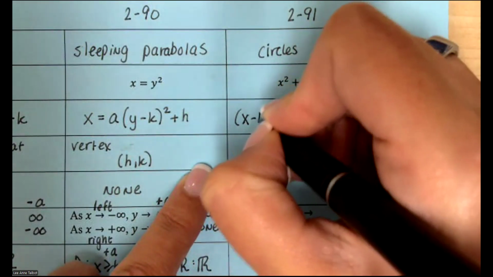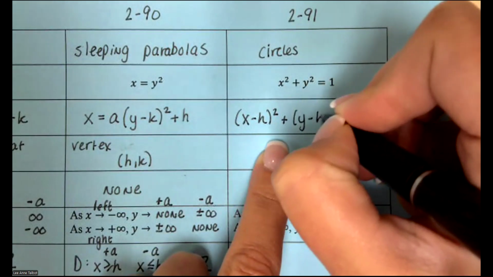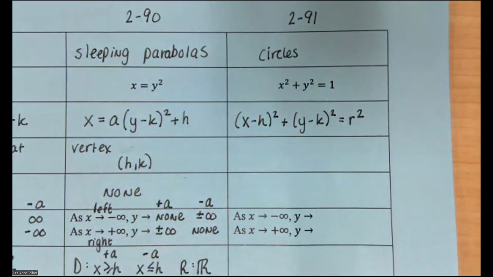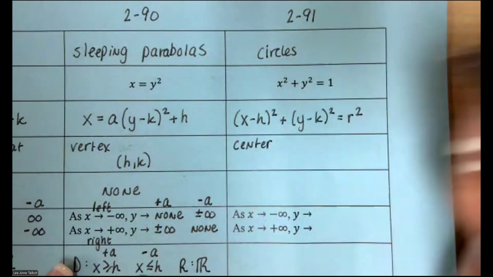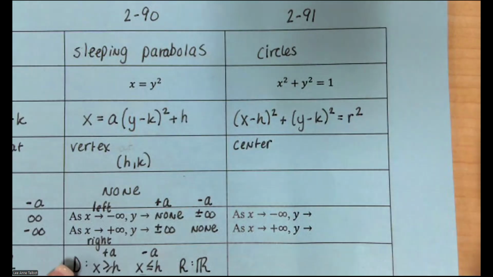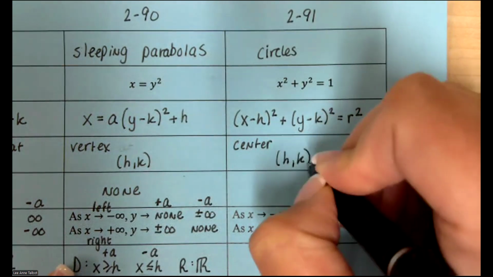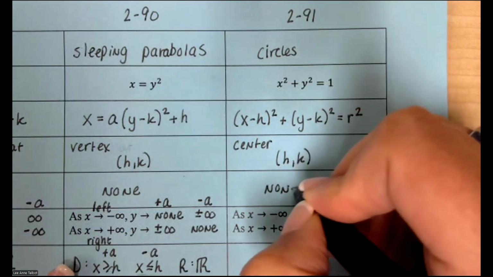So x minus h squared plus y minus k squared equals r squared, where r is the radius. You did circles when you did completing the square, because you have to complete the square twice. It's like double complete the square. And circles do not have asymptotes.